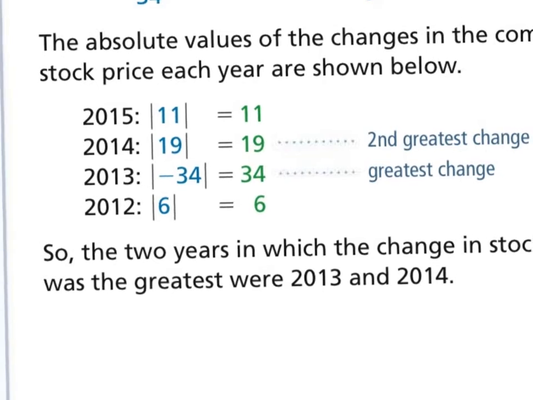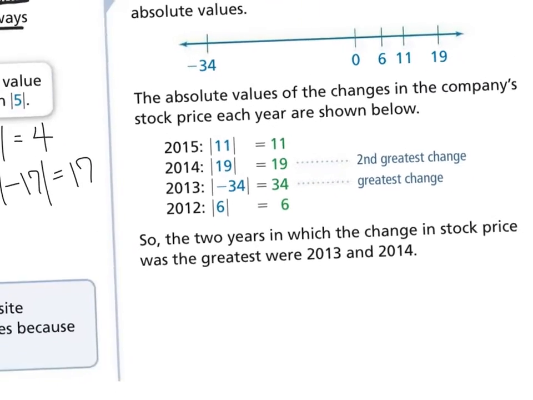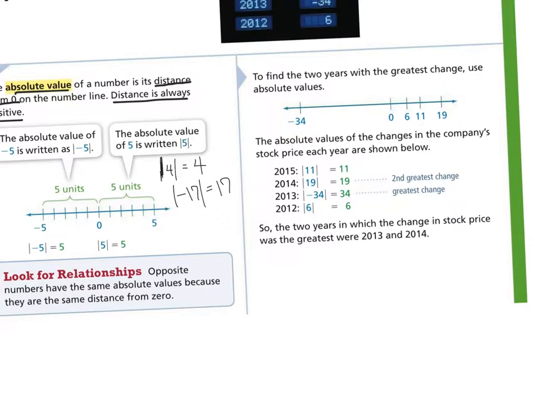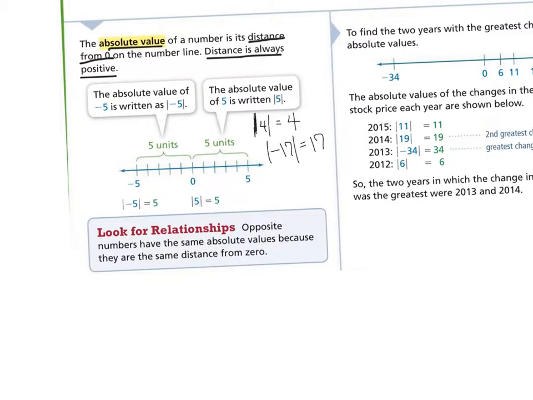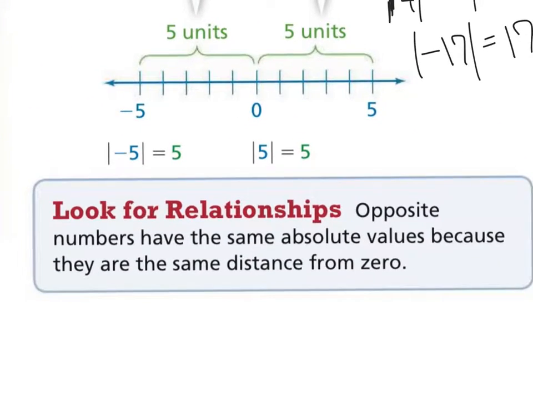Absolute value of that is 34, so it's 34 away from 0. And 2014 would be the second greatest change. It changed by 19, so 19 away from 0. And one thing I mentioned earlier, opposite numbers have the same absolute values. They're always going to be the same distance from 0 if they're opposites.